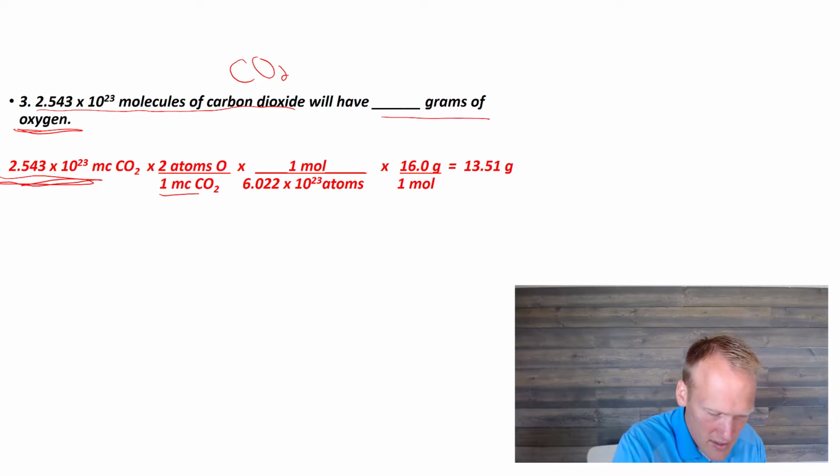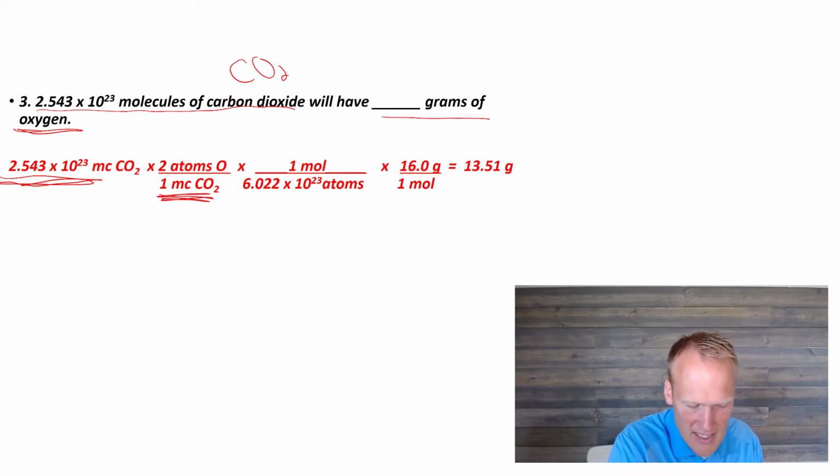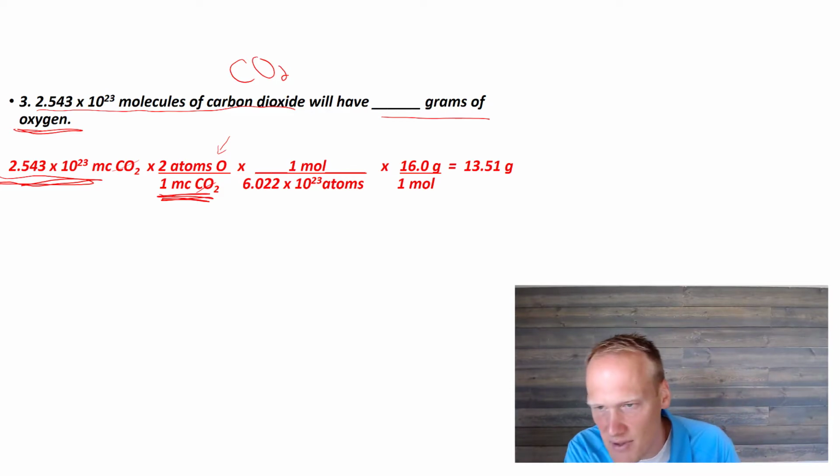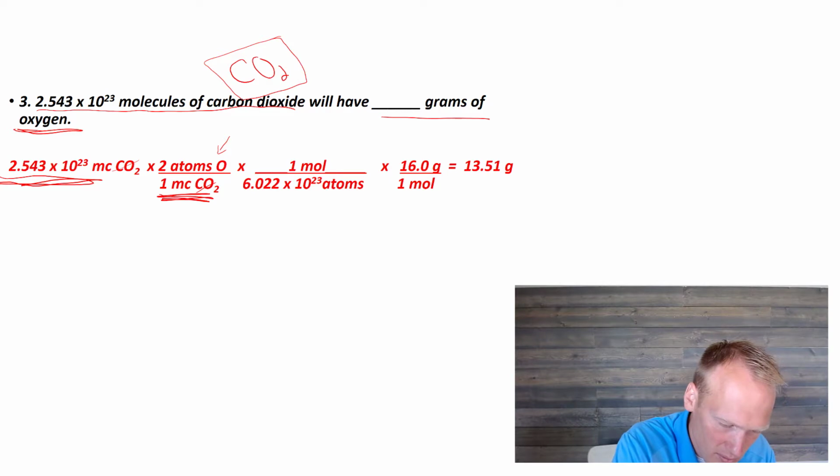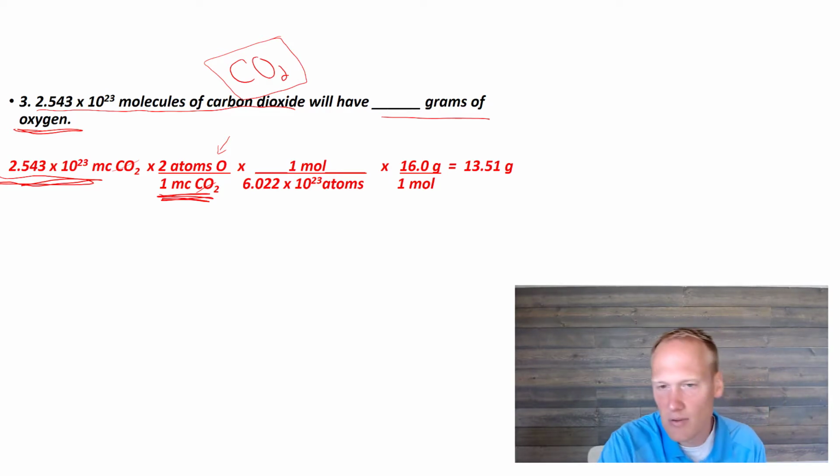So the first conversion has to be down here at molecules of CO2 because we want these units to cancel out. And the first thing we're going to do is go to atoms of oxygen. And you might be thinking, where do they get those numbers? Well, for every 1 CO2, I have how many atoms of oxygen? 2.